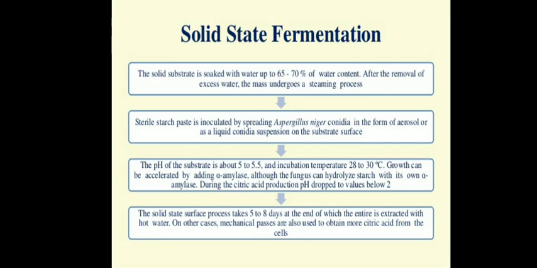Generally, after 5 to 8 days, the koji is harvested and placed in a percolator, and citric acid is extracted with the help of water. The purification and recovery of citric acid in solid state fermentation is similar to that employed in submerged fermentation.